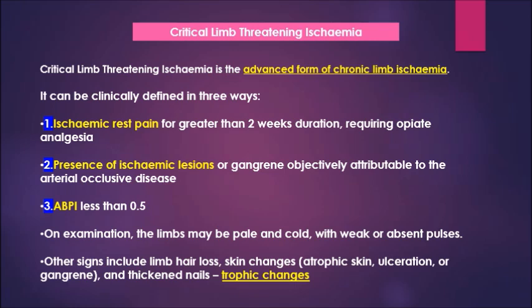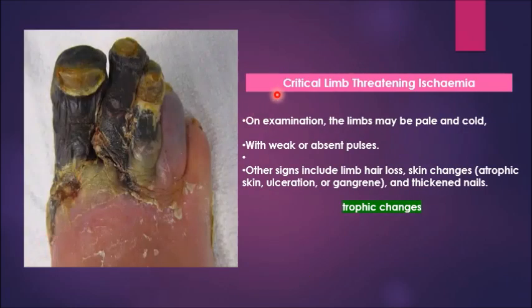In critical limb threatening ischemia, the limbs will be pale and cold with weak or absent pulses, and other signs include hair loss, smooth atrophic skin, ulceration, and gangrene. In this patient, there's massive gangrene of the toes associated with skin changes as well as thickened nails. Very severe trophic changes.